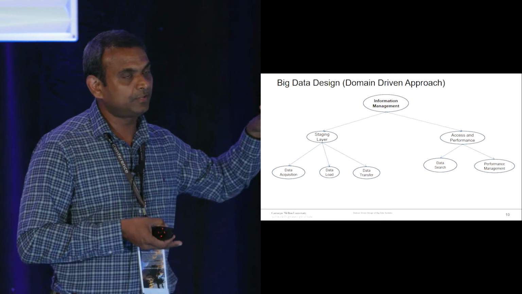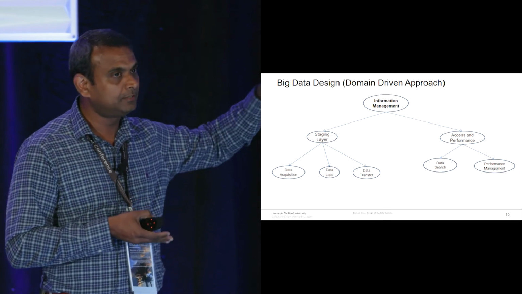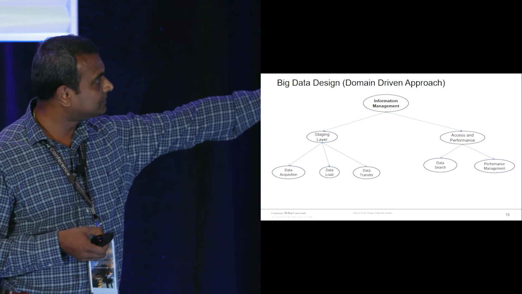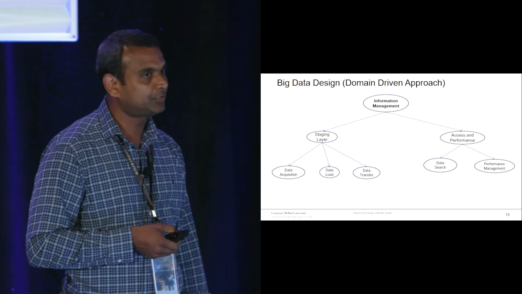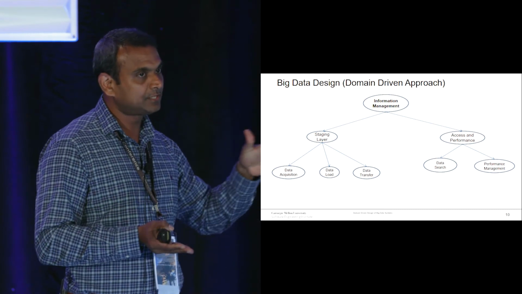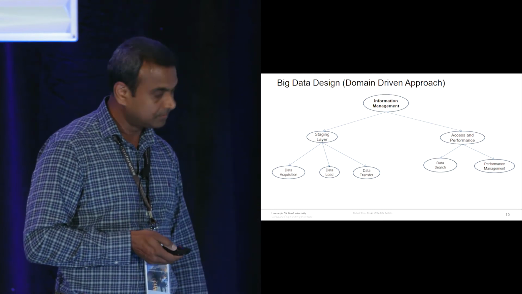This is where you put your security and privacy. There is a staging layer, and if you want to use real time, you should have the data acquisition in this. All the security and privacy is under this.